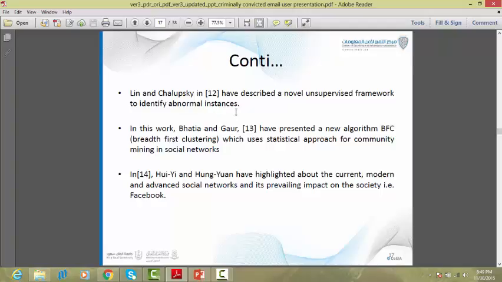Lean and Chalupovsky have described a novel unsupervised framework. Bhatia and Gaur have presented a new algorithm which is based on the BFS technique. Hui and Hung Yawan have highlighted the current modern advanced social networks and their prevailing impact on society.